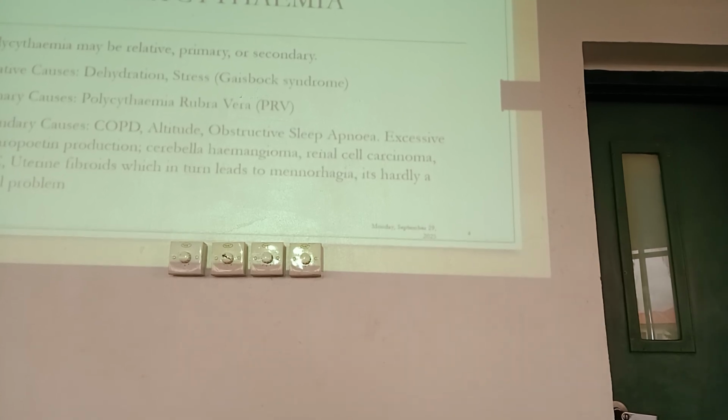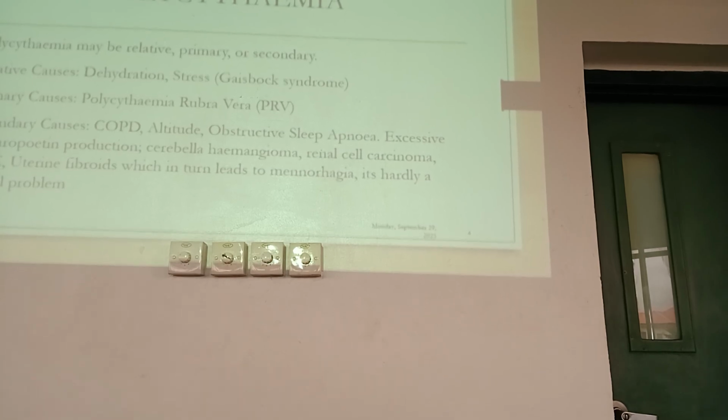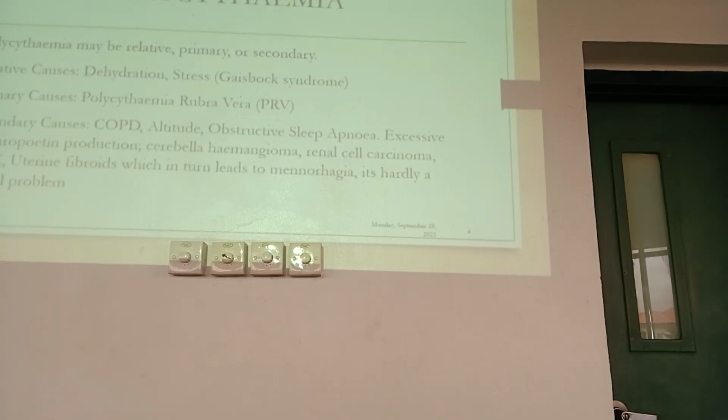Cyanotic congenital heart disease, such as tetralogy of Fallot, transposition of great vessels, pulmonary atresia, tricuspid atresia, all these will cause hypoxia and then stimulate erythropoiesis.